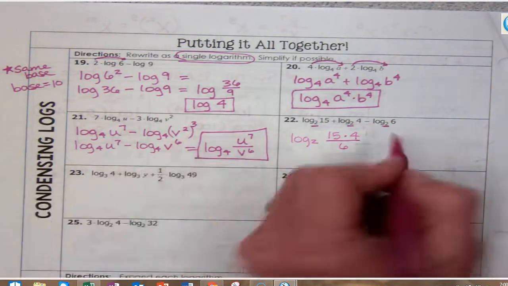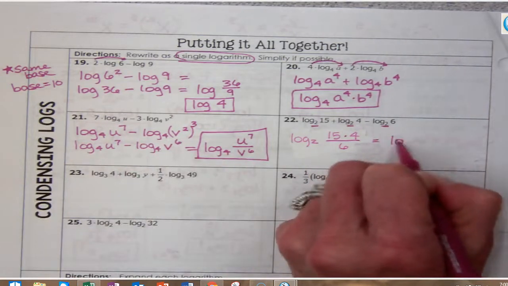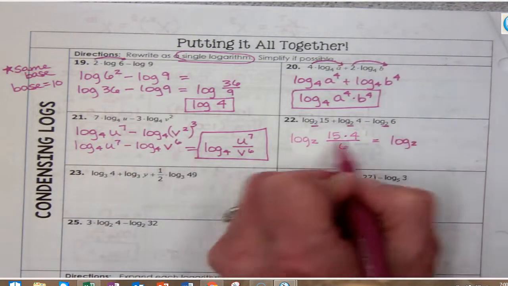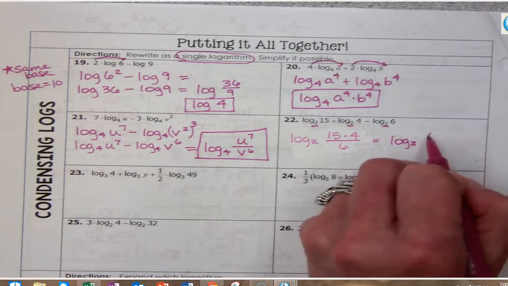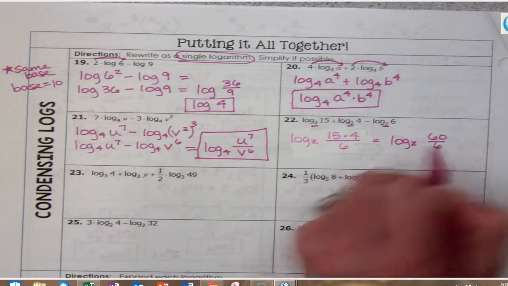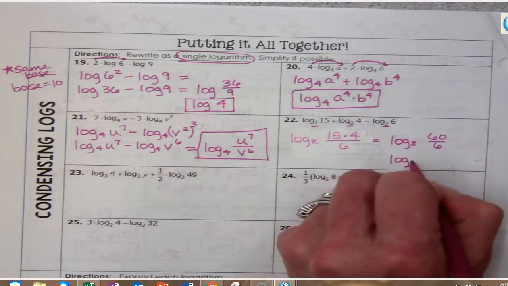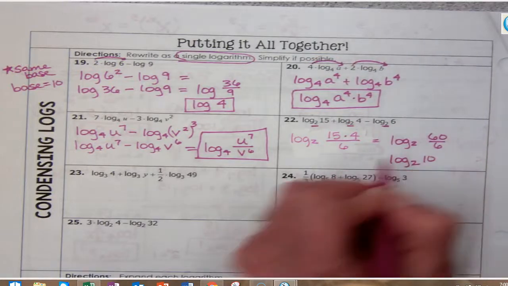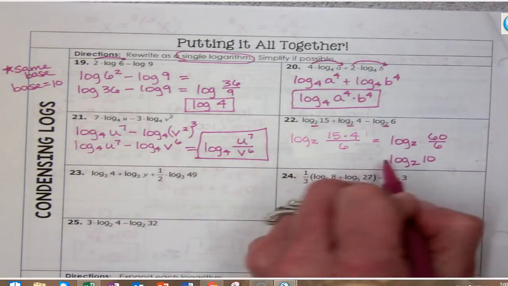So log base 2 of 15 times 4, which is 60, divided by 6. So log base 2 of 10.